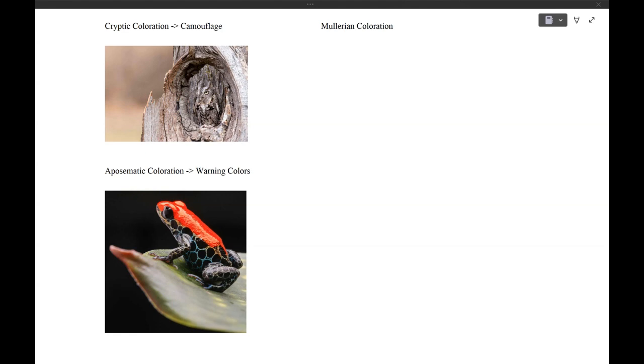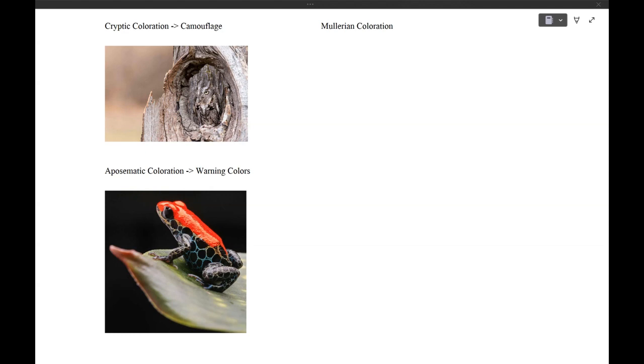So the predator gradually learns not to eat these, and typically there's two species that share these effects. So the memory in the predator is reinforced because now there's two species with the same coloration and the same side effect they don't want.